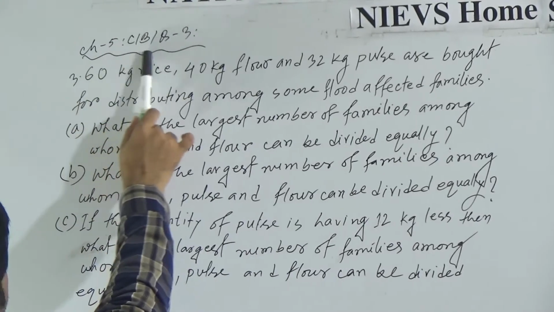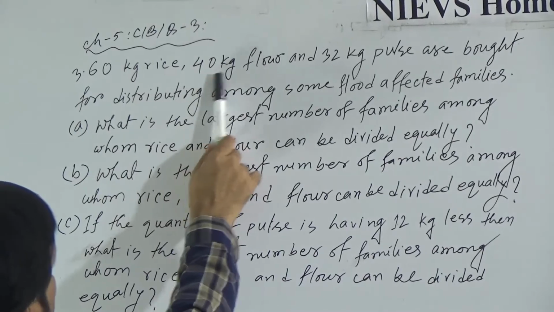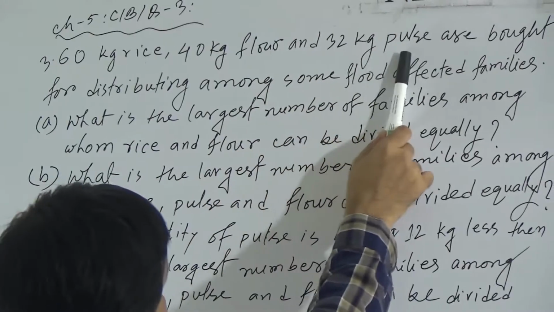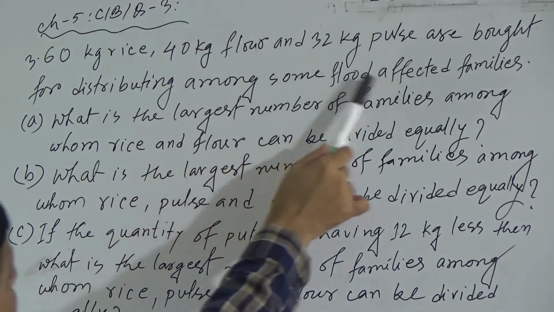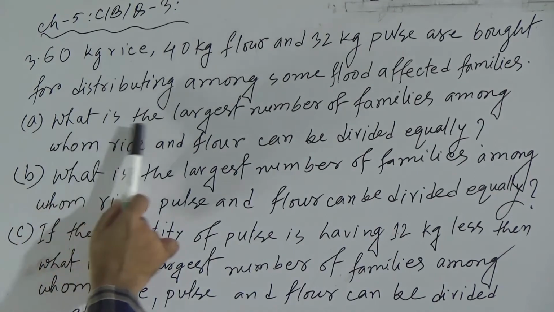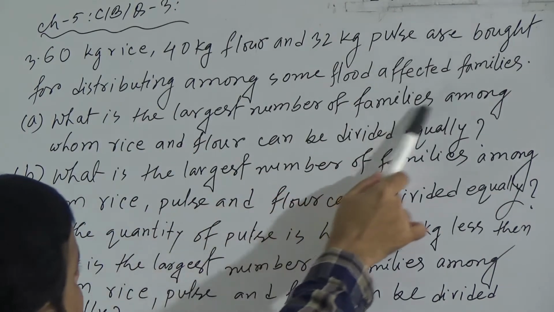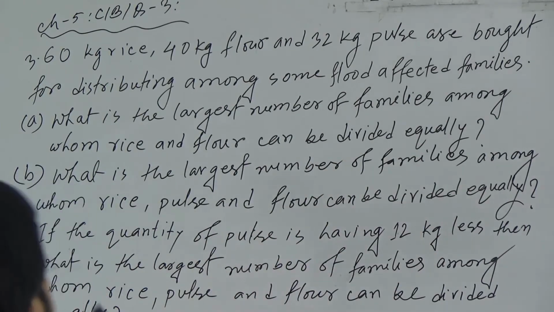Chapter 5, CBQ 3. 60 kg rice, 40 kg flour and 32 kg pulse are bought for distributing among some flood affected families. Question A. What is the largest number of families among whom rice and flour can be divided equally?